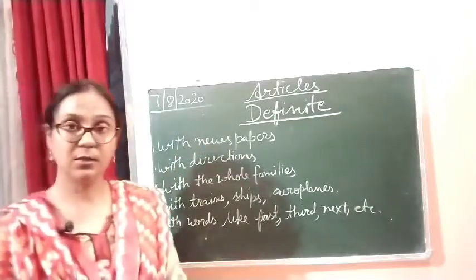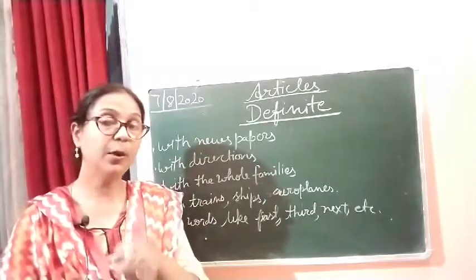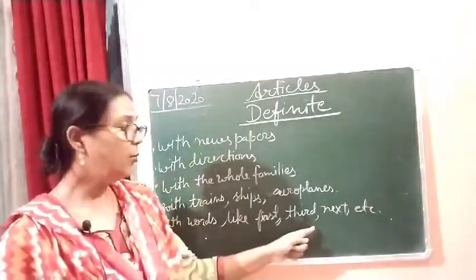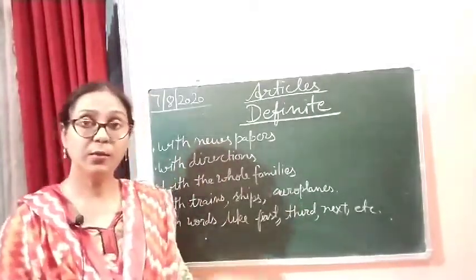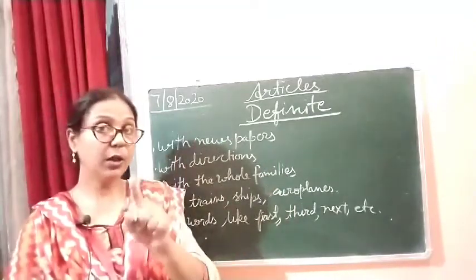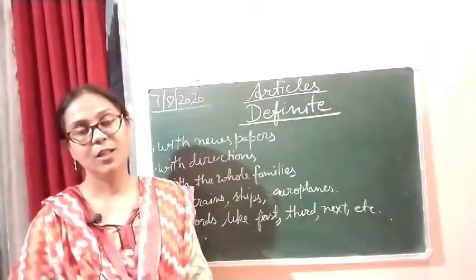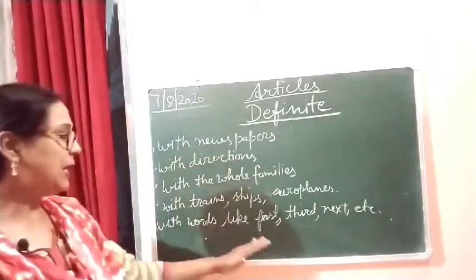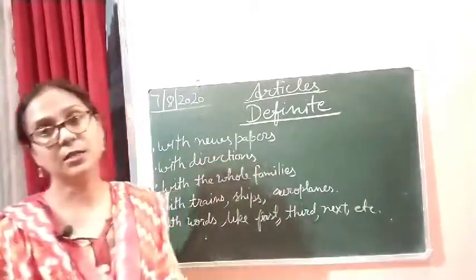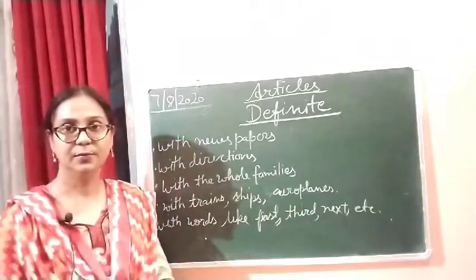The first row. We are talking about the first row. We are talking about the third row. So the third one, the third window. So before these type of words, we are supposed to write 'the'.